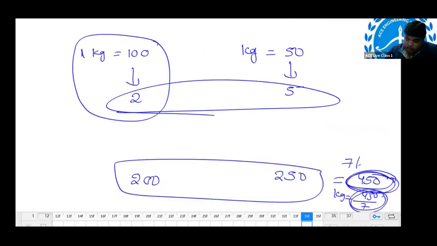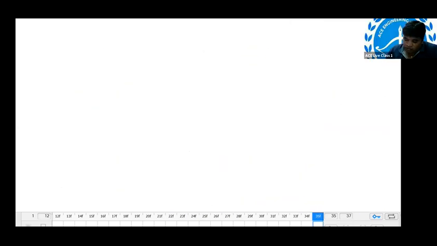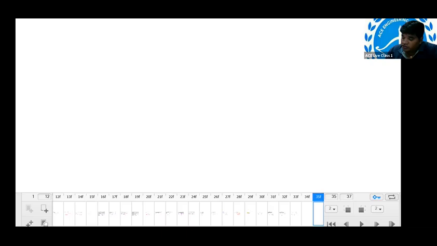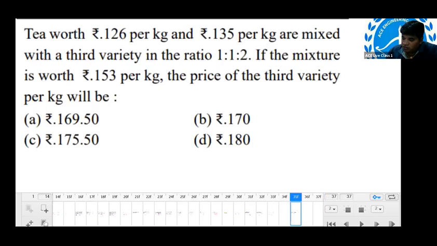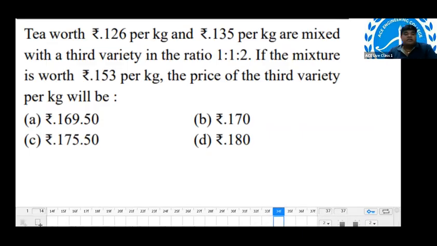Next, the last question in type 1. Look at this one. How many items are here, Girija? Read the question carefully and tell me.